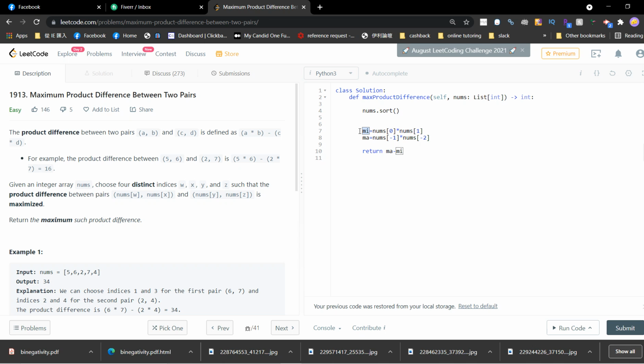The minimum product of two should be the minimum, and the two largest numbers in the array, their product should be the maximum. So obviously you pick the largest one times the second largest one, and the maximum minus the minimum should be the answer, right? So that's it.